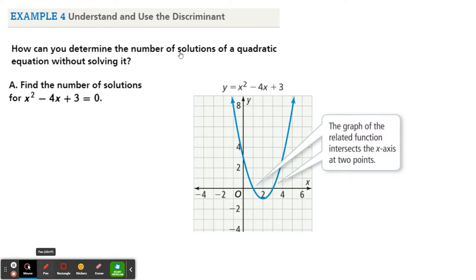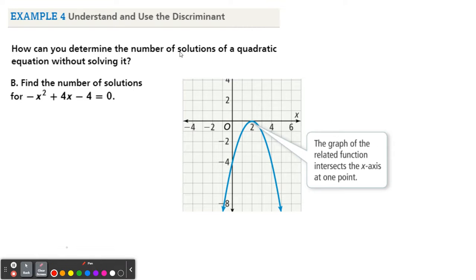All right, example B. This time you notice we have 1 solution at 2. So this is (2, 0), the vertex. Now we're going to find our discriminant again. Discriminant equals b squared minus 4ac. Discriminant equals b, which is positive 4, squared, minus 4 times a, which is negative 1, and c, which is negative 4.